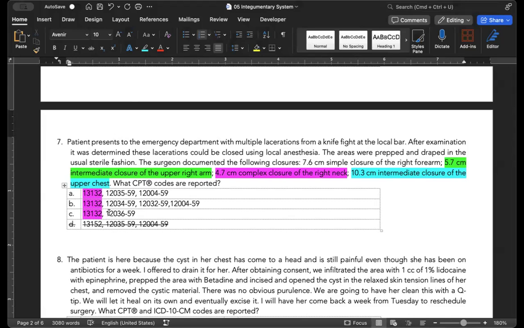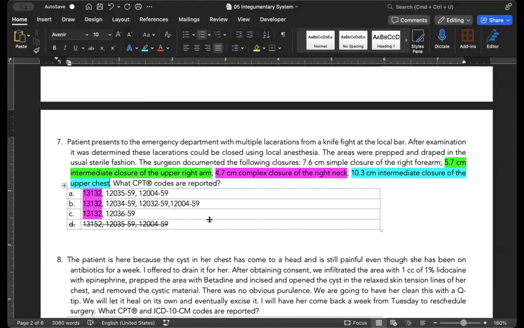So 12034 is for scalp, axilla, trunk, and extremities, excluding your hands and feet. 7.6 to 12.5. Then we have 12035, 12.6 to 20.0, and 12036, 20.1 to 30.0. Now, here's the trick.